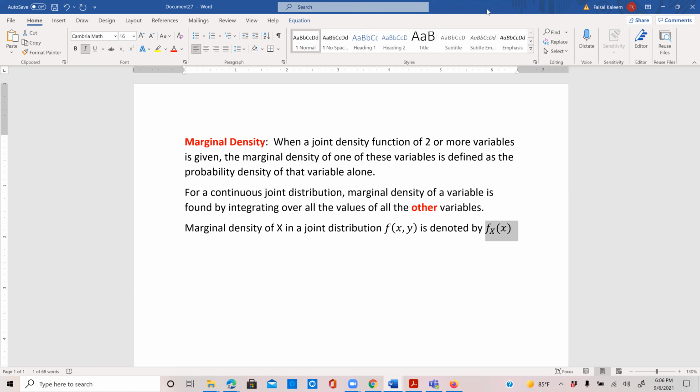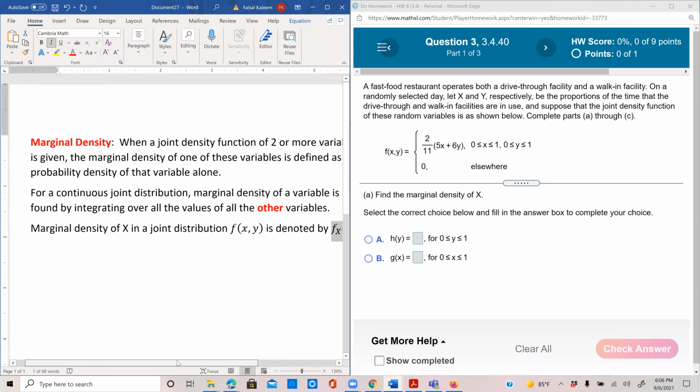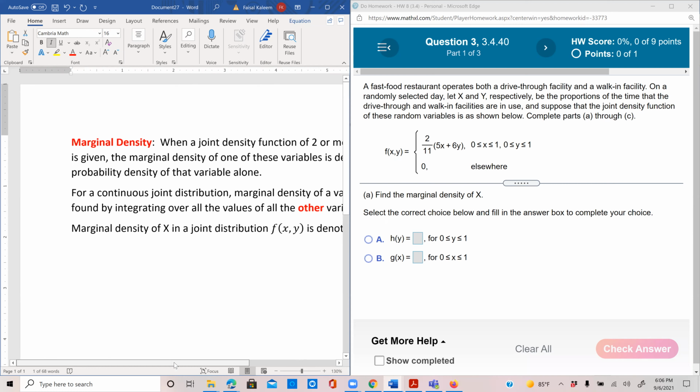Okay, so let's calculate it in this case.